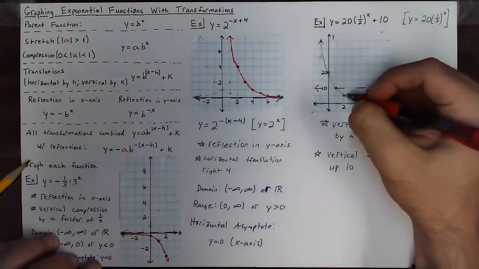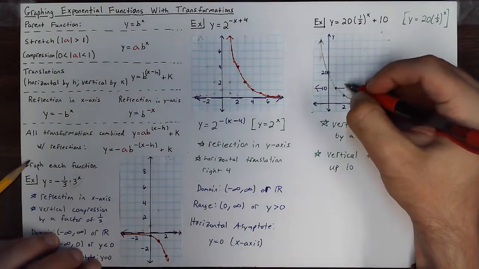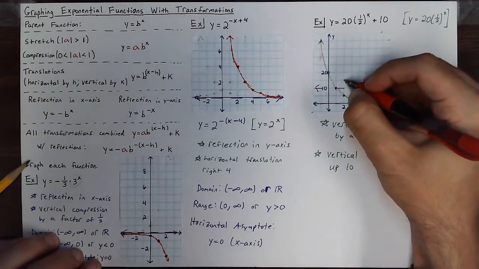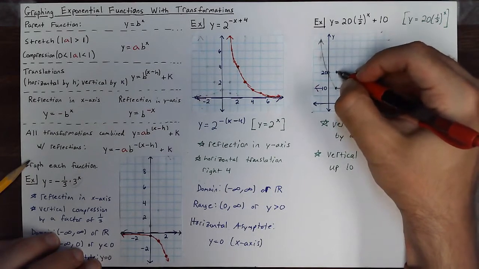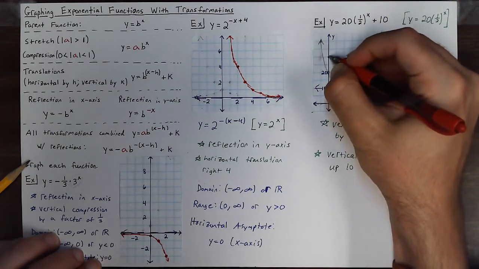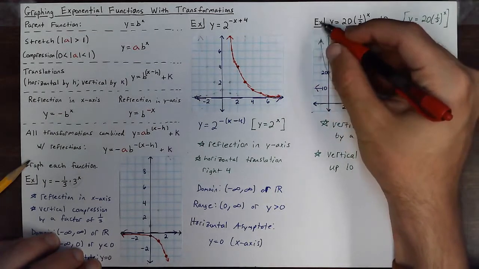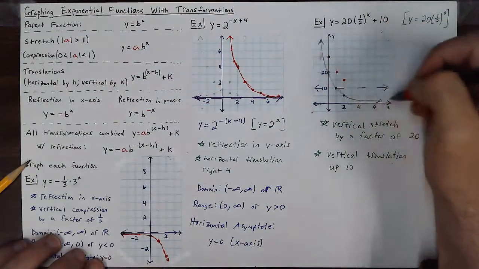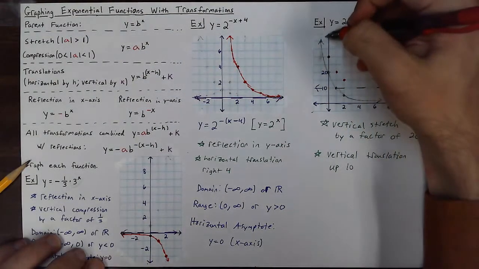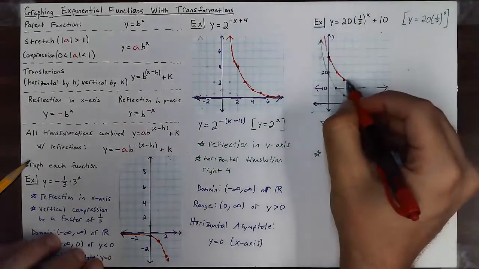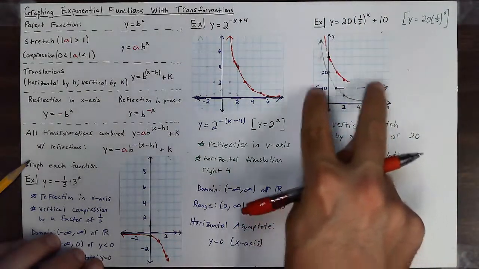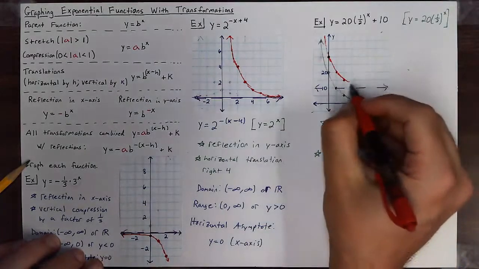So this point goes up 10. I'm counting by 5s, so 10 goes to 20, 20 goes to 30, and then 40 would go to 50. That's off my grid, but I can now see where this starts to flatten out. So I'll come down and flatten out against the horizontal asymptote, which shifted from 0 to 10 when it went up by 10.